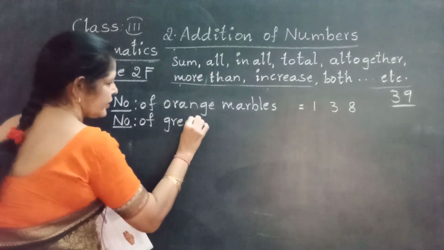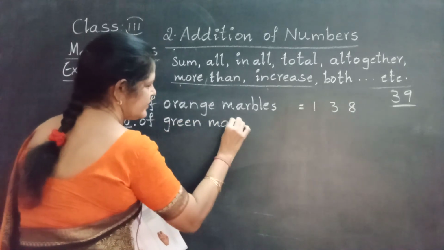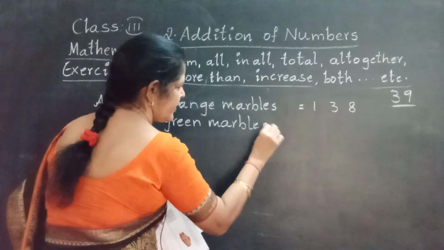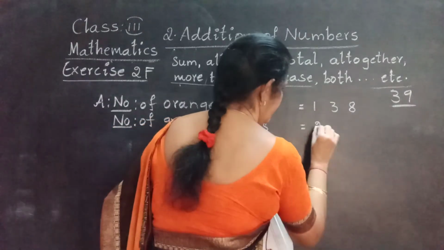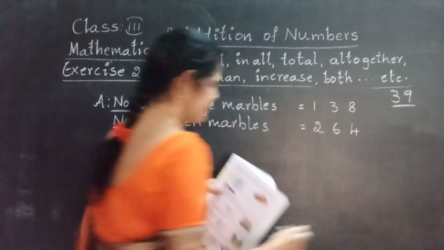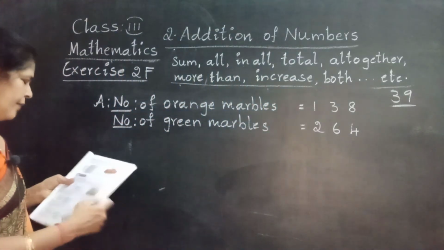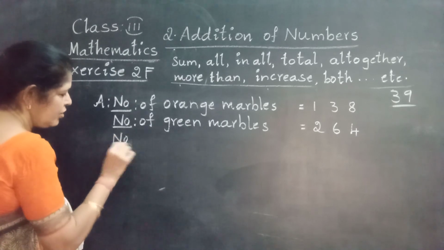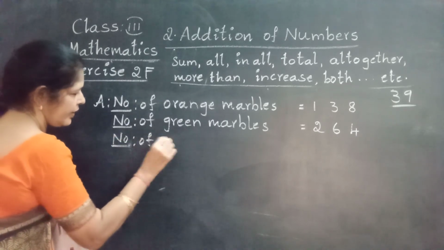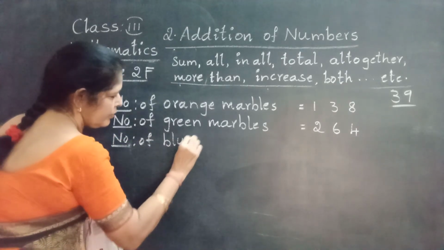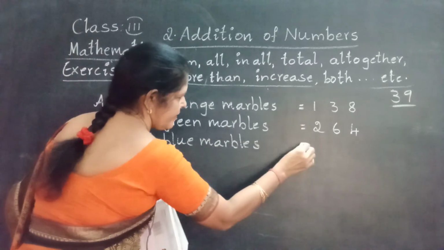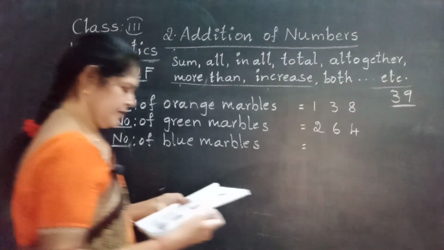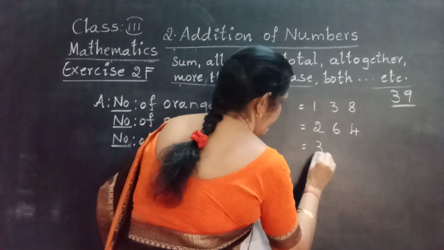Now next, green marbles, using the same words, changing the colour. Number of green marbles. How many green marbles? See the question and tell me the number. Yes, very good. 264. A third number is there. That is blue marbles. Number of blue marbles. How many blue marbles with Ajay? Yes, 321.